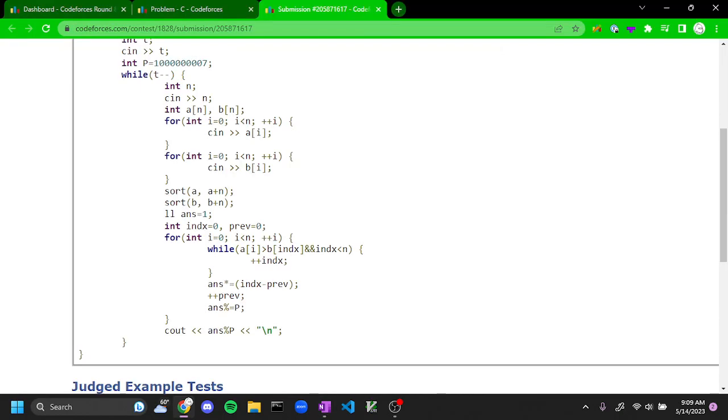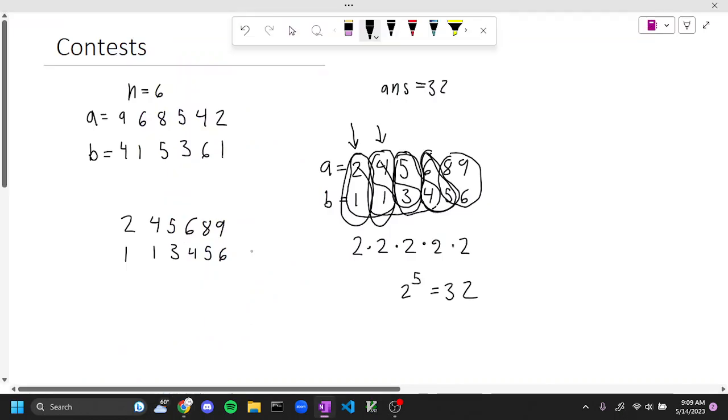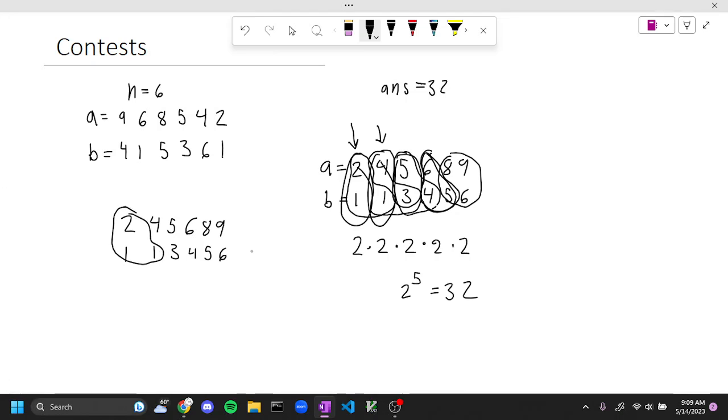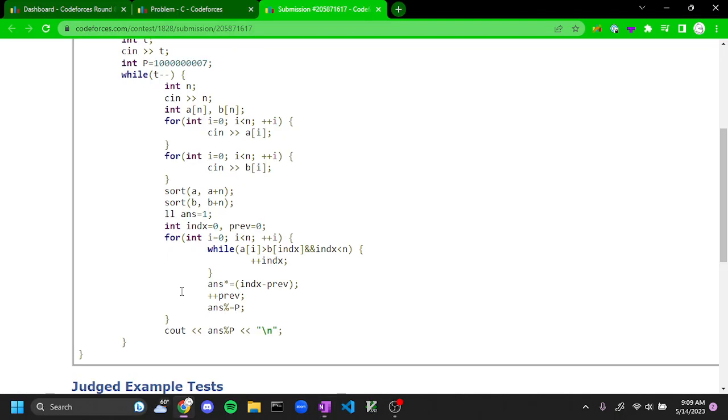At this point, I'm just calculating how many elements of B that A sub i is greater than. And in this case, it'll go all the way up to here. So right now it's going to equal 2, so index is going to equal 2, right? And then since it's equal to 2, I multiply answer by index minus previous.